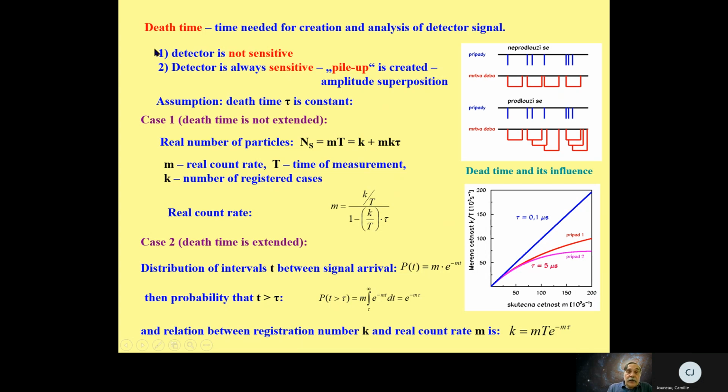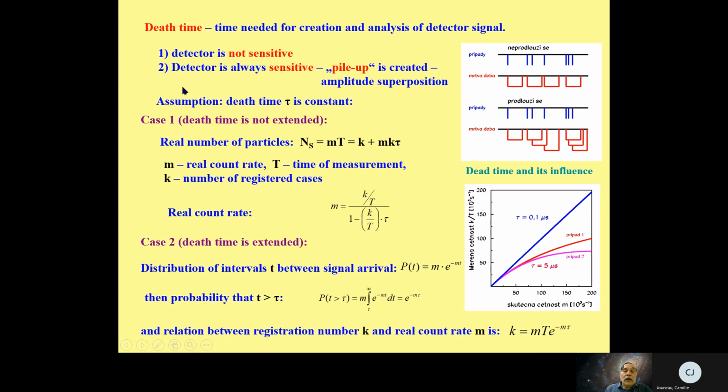In the first case pile up is not possible, because you will have only the energy of the gamma which was detected first. For the second type of detector you will have pile up. That means you will obtain the sum of energies of two gammas which were detected in this dead time.